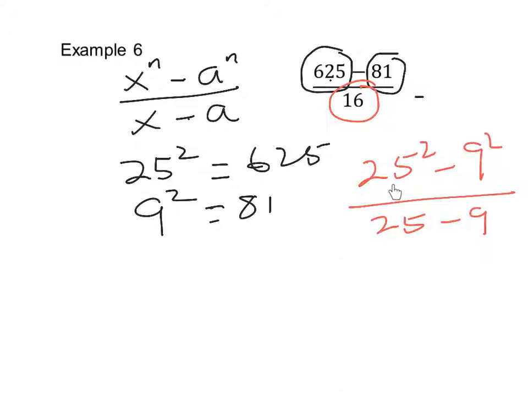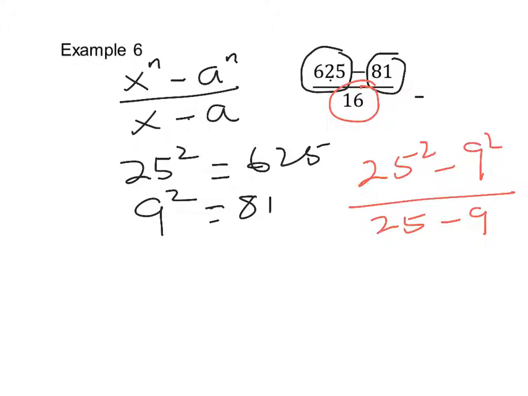I already have 25 squared minus 9 squared, so obviously this has to be 25, matching this, and this has to be 9, matching this. And it works out: 25 minus 9 is 16. This is how you figure out the x to the power of n and a to the power of n if you are given just pure numbers.